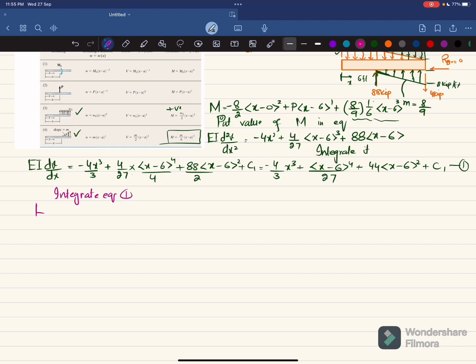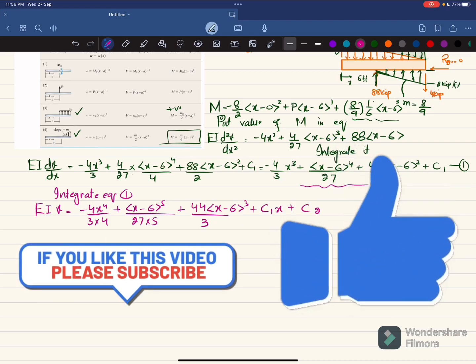You will get EI into V is equal to minus 4x power 4 divided by 3 into 4 plus 4 into x minus 6 power 5 divided by 27 into 5, clear, plus 44 into x minus 6 power cube divided by 3 plus C1x plus C2.